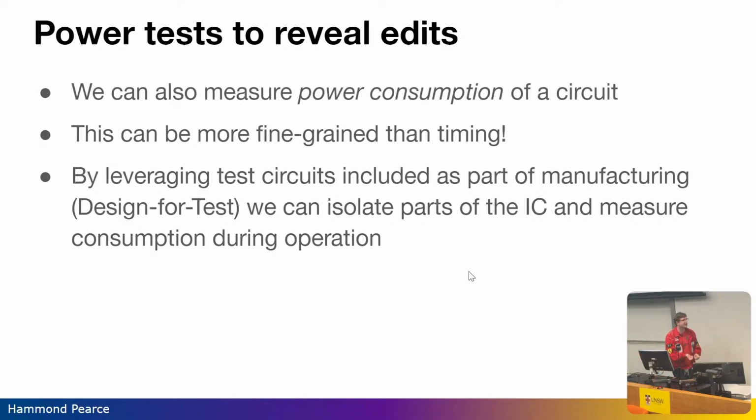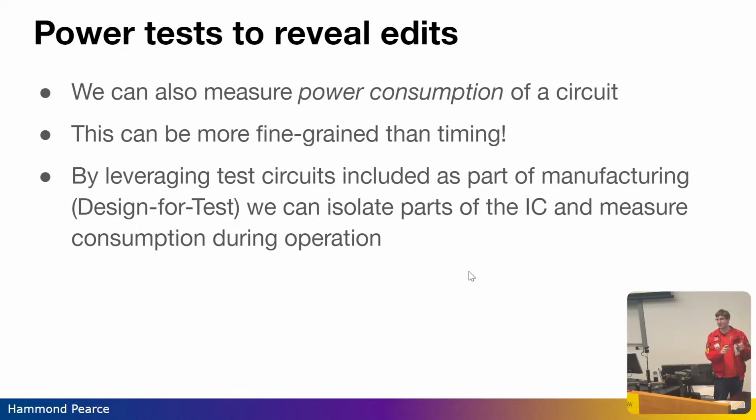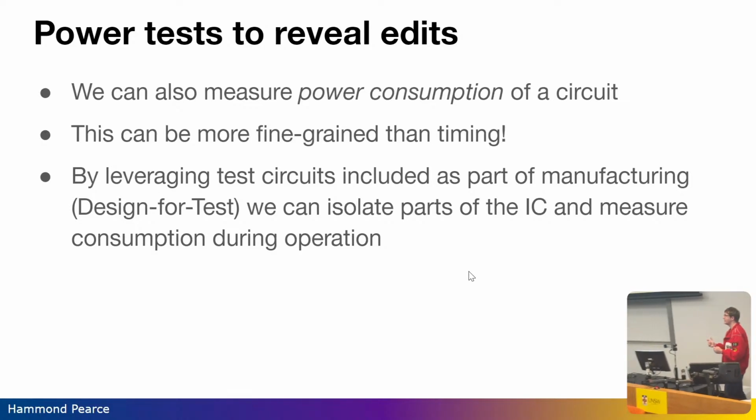So the design for test infrastructure is there primarily to check to make sure your chip actually works, but as a handy side effect, we can also leverage that design for test infrastructure to energize and de-energize parts of our circuit with very high accuracy.